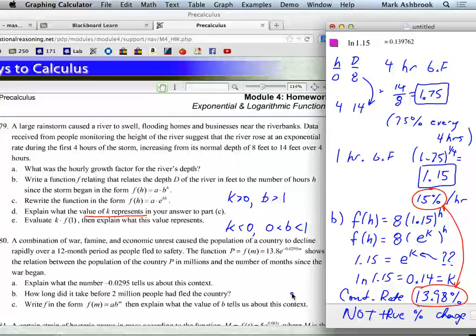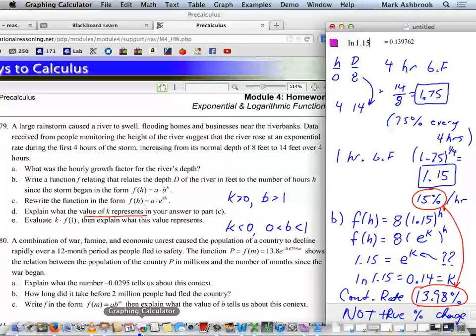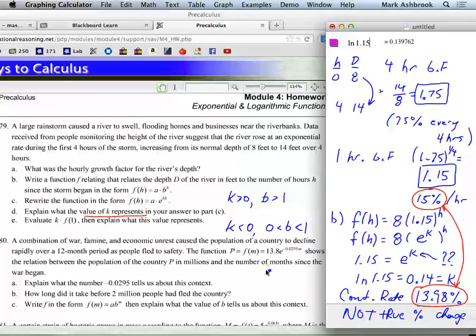Other questions? Yes, sir? If you were given the continuous rate, you had to find the growth factor? That's even easier, right? So let's do that. Let's do a decay. The continuous rate is negative 13.5%. So what do you want to do now?